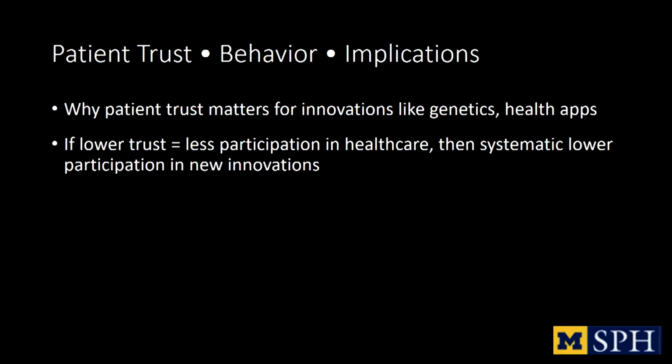So it means that particular groups of patients who have that lower trust are less likely to participate in these kinds of interventions as well. Now, if we're concerned about the implications of all that data sharing, maybe them opting out and not participating is a good thing. But as Kate Spector-Bagdady just said, we also are concerned because it means they're not in the data itself.